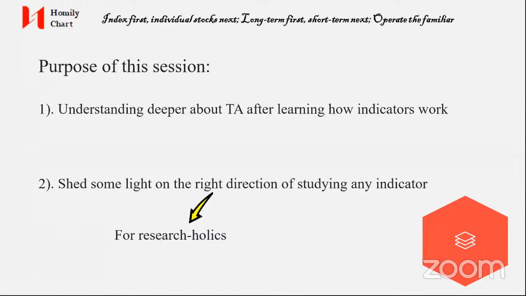So especially for those researchaholics, some members, they are really keen on studying and learning the skills and new indicators. But you need to have the right direction. If your direction is wrong, then just what I have said, you need to take a lot of detours. So after learning today's session, I hope to shed some light on the right direction of learning any indicator in future for you, okay?